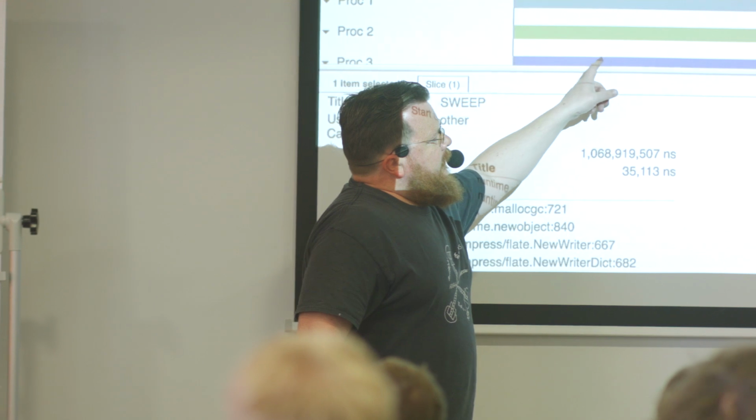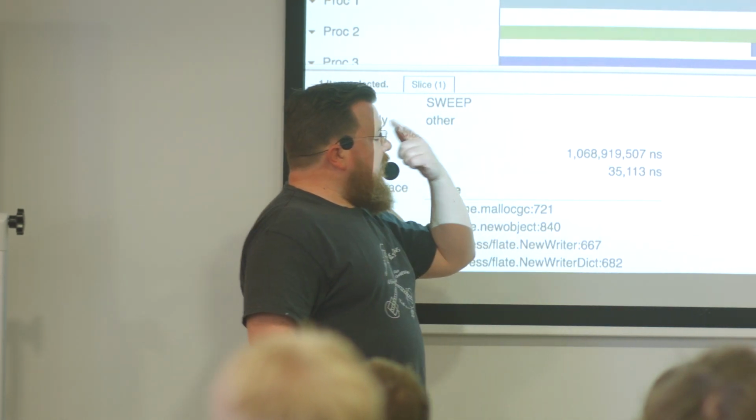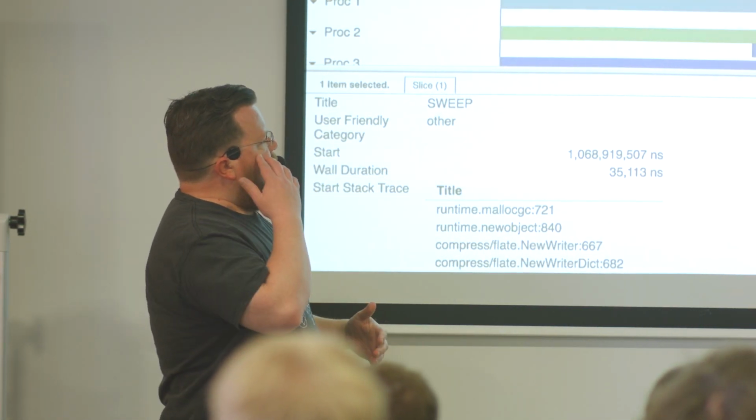Just going to find some. So these are sweeping and background Goroutine activity. Even though the stack frame of this is the serve method, there are probably a few more stack frames in there.